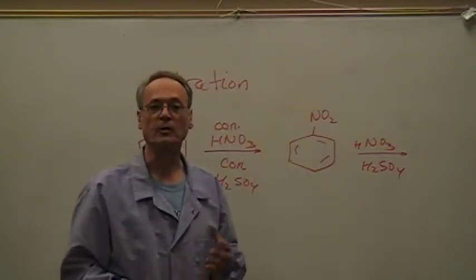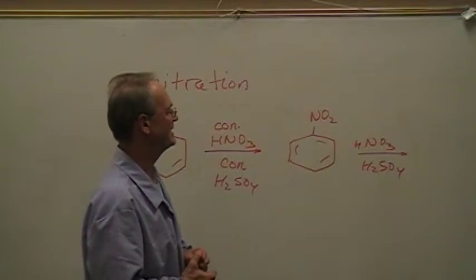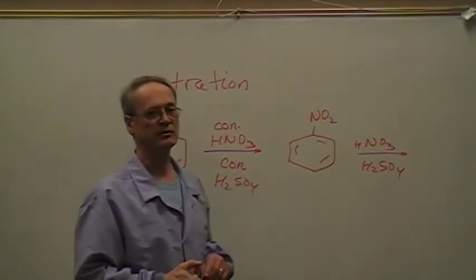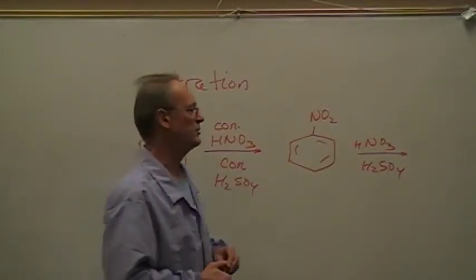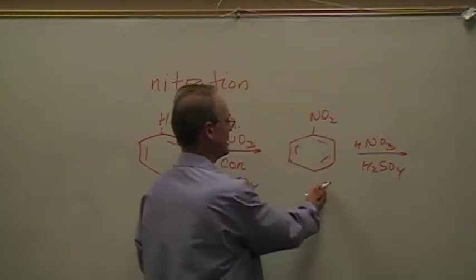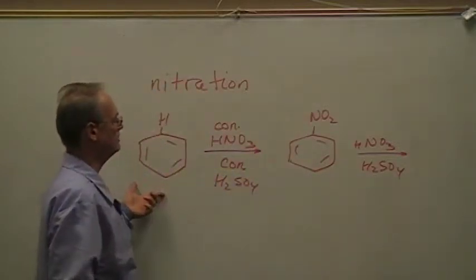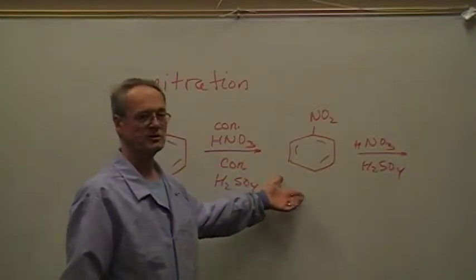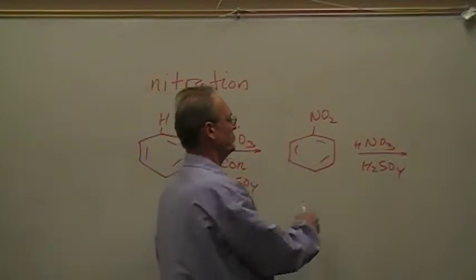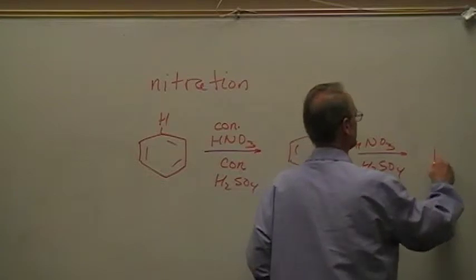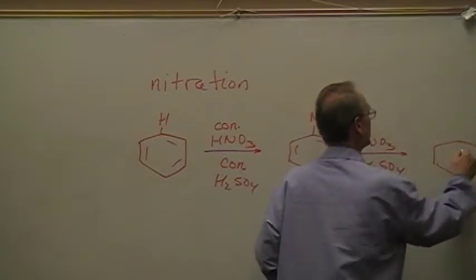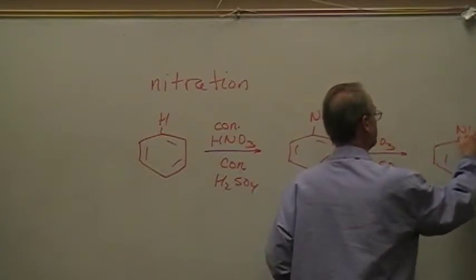Perhaps we wait longer, perhaps we heat it, but somehow we increase the conditions. It is possible to put a second nitro group on. And by the way, you can stop it so that it's possible to synthesize nitrobenzene very easily from benzene itself by just doing this once. You can stop the reaction. If you add a second equivalent and you do it under more severe conditions, you can add another nitro group.